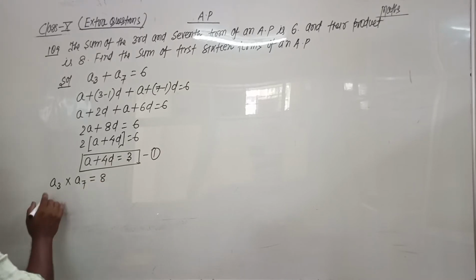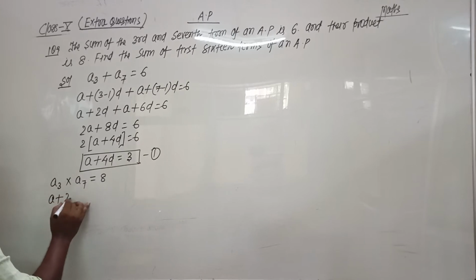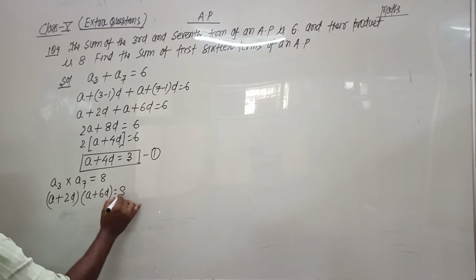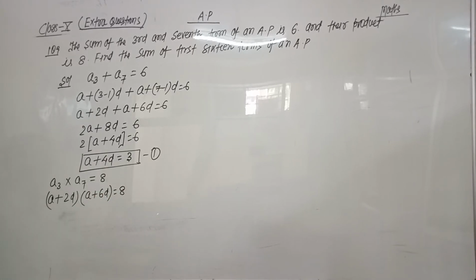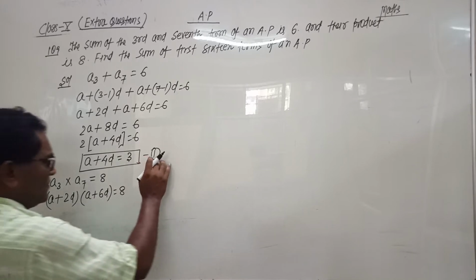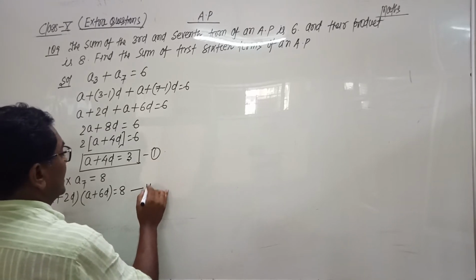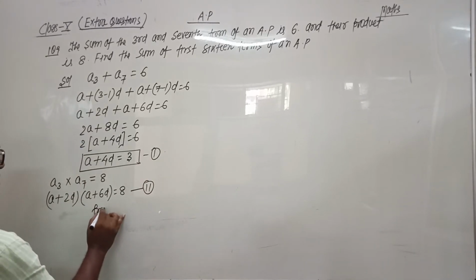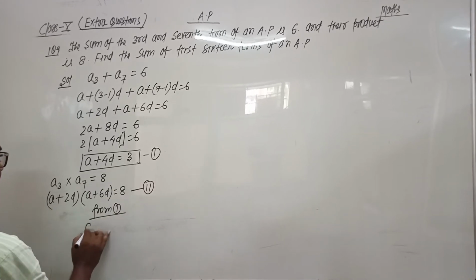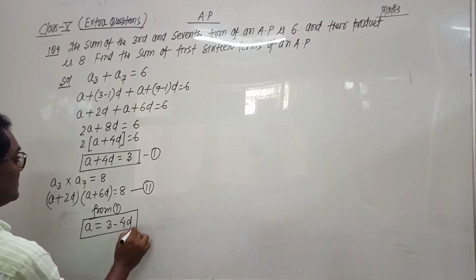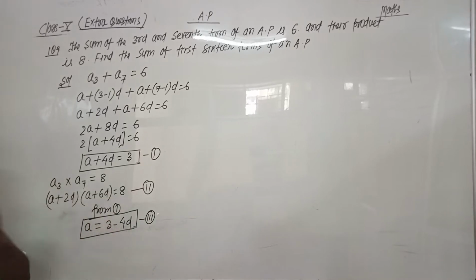So a3 is a plus 2d and a7 is a plus 6d, and the product equals 8. Name this the second equation. From the first equation we eliminate the value of a: a equals 3 minus 4d.